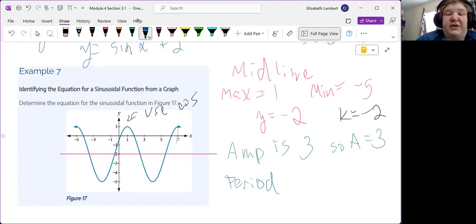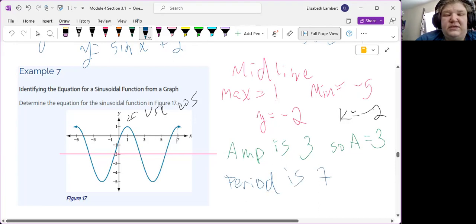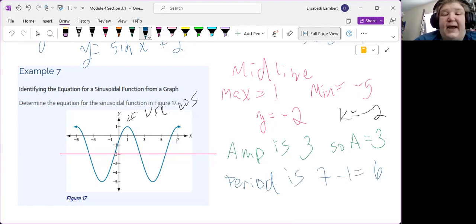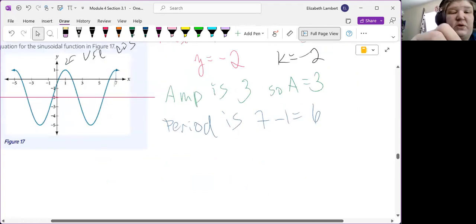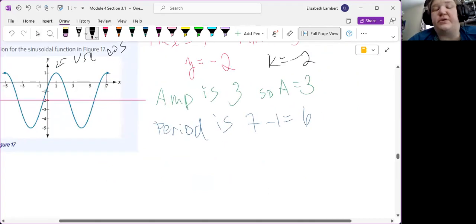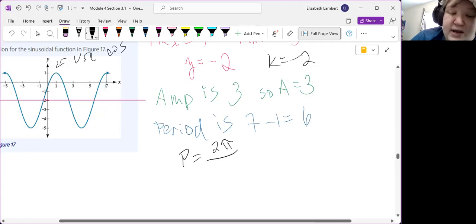So the period is 7 minus 1, 6. Now we're going to use that period formula we've been using. We're just going to do it a little backwards. So remember, our period is 2 pi divided by b.